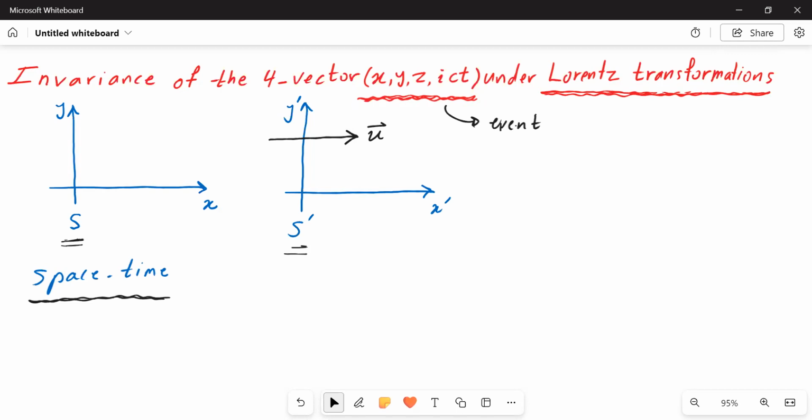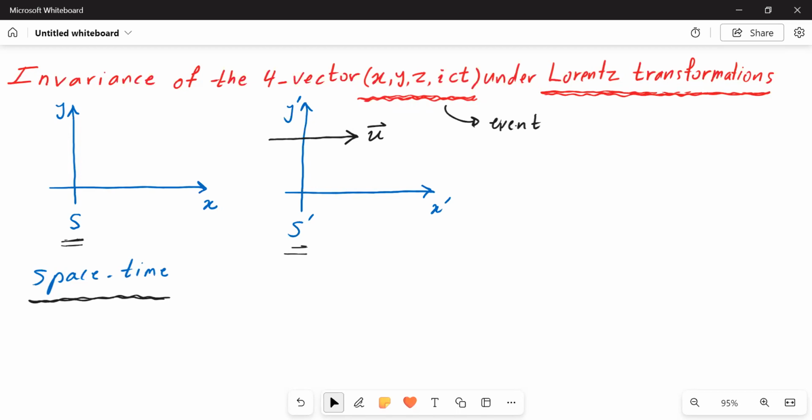But you should always remember that this is actually a four-dimensional space-time problem, and the relative motion between S and S prime is happening along one of these components or coordinates, namely along the x, x prime direction.